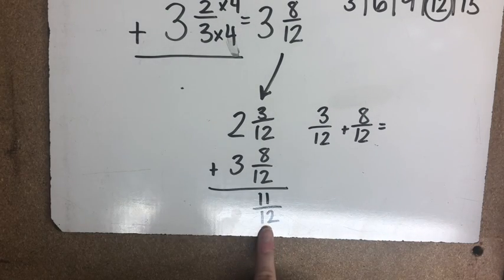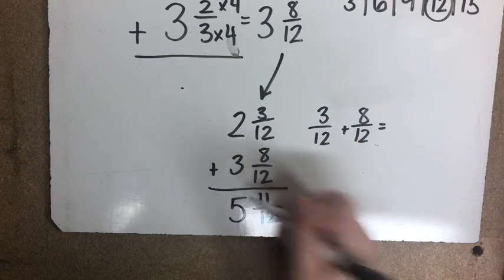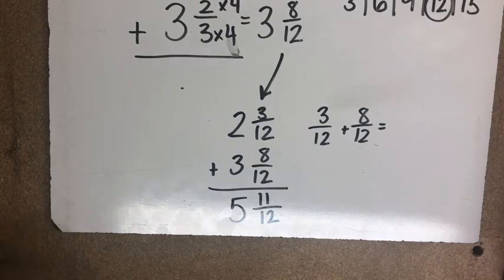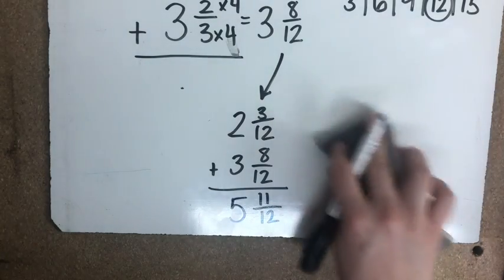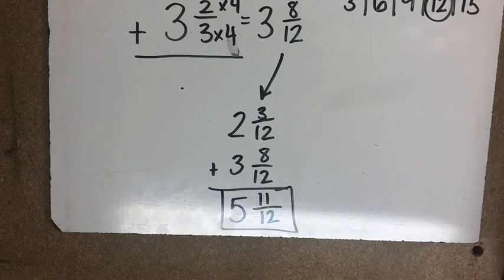I'm good to go here because 11/12 is a proper fraction, which means I don't need to do anything else to it. 2 plus 3 gives me 5. So my answer to 2 1/4 plus 3 2/3 is 5 11/12.